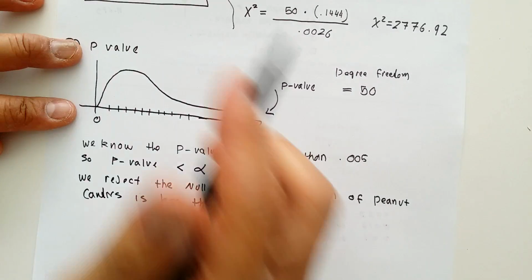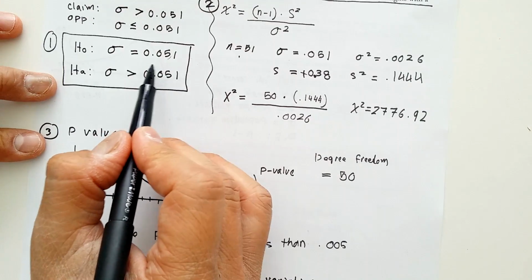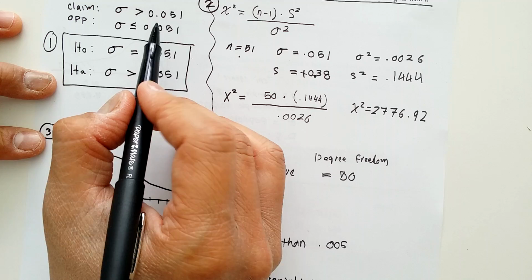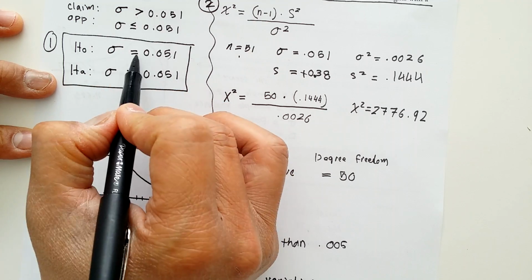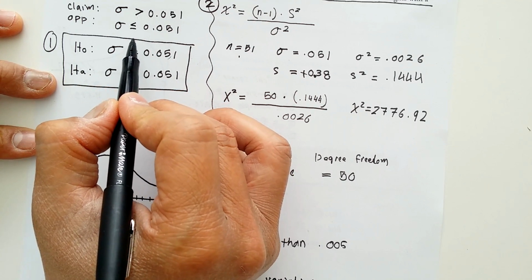So we're rejecting this, which means we're rejecting this, because that came from there.